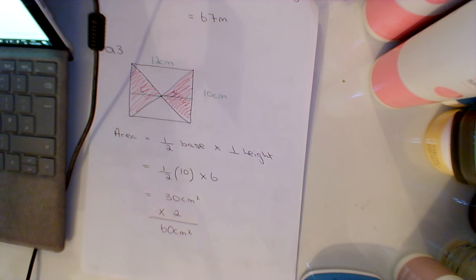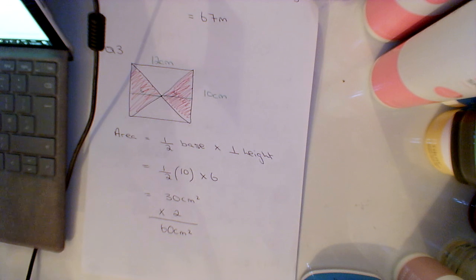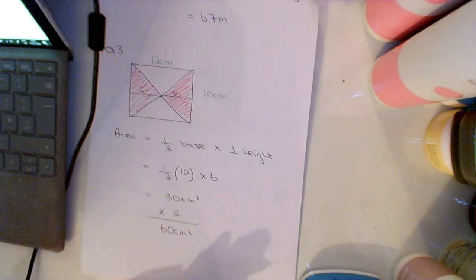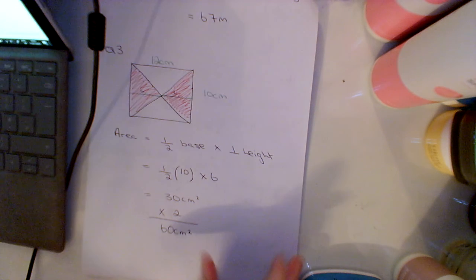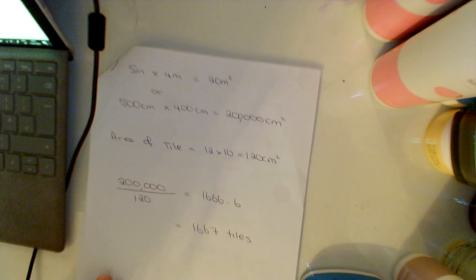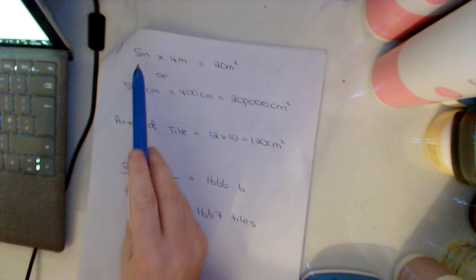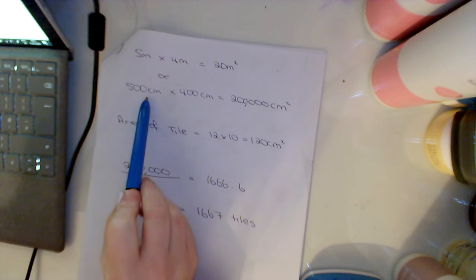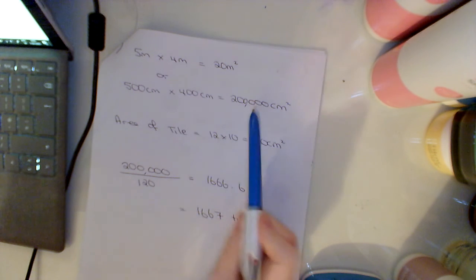So that's the area of the pink part. Then it says to the nearest tile, how many tiles will we need to tile a room measuring 5 meters by 4 meters. So first of all, we actually have to be careful with the units. They're after giving me in meters, so I either need to put my original tile into meters, or I need to convert that into centimeters. So I actually converted it into centimeters. 5 meters is 500 centimeters, 4 meters is 400 centimeters, so 500 centimeters by 400 centimeters, I have 200,000 centimeters squared.